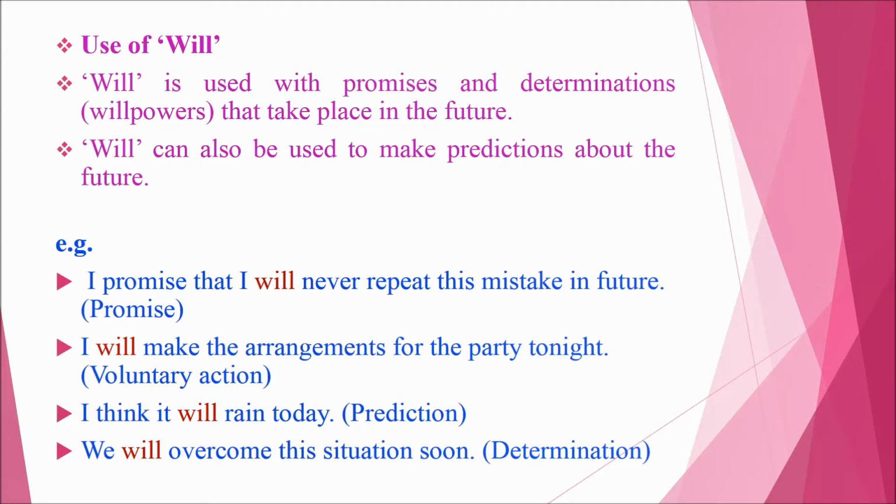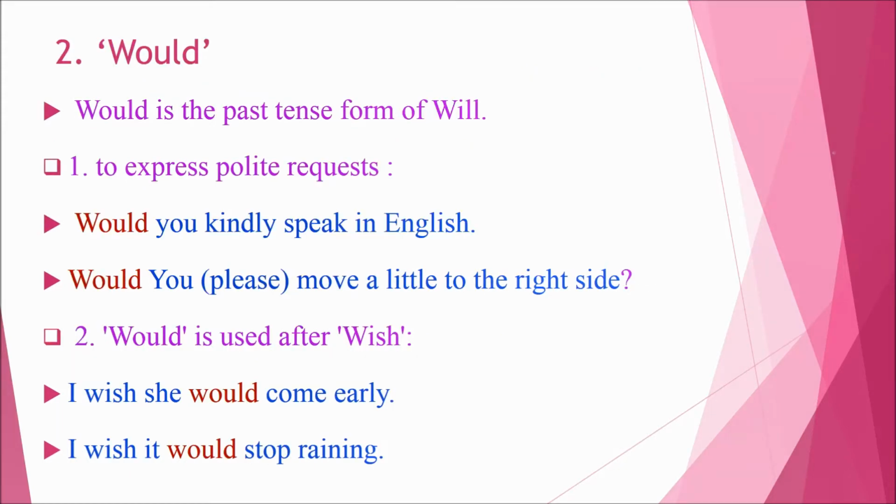This sentence indicates voluntary action. The next example sentence is I think it will rain today. It refers to prediction. We will overcome this situation soon. This sentence denotes determination.